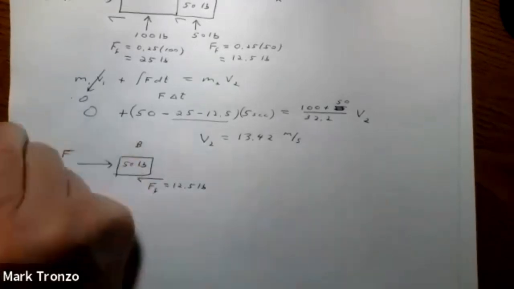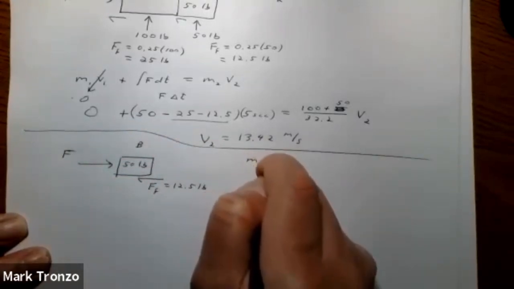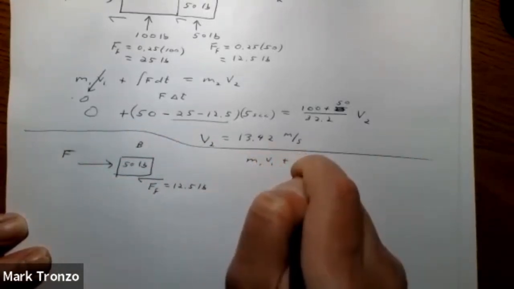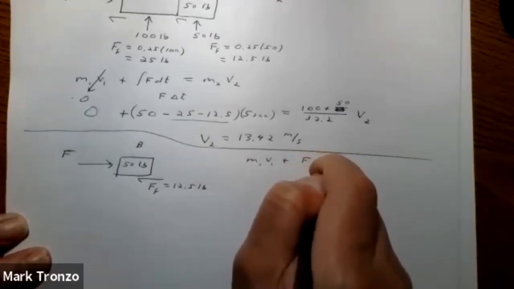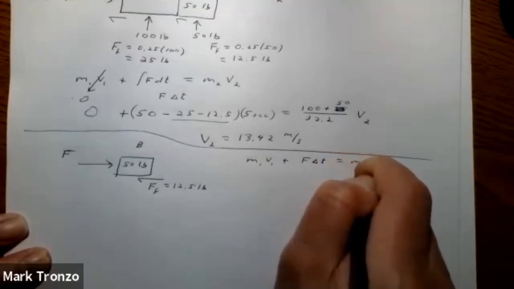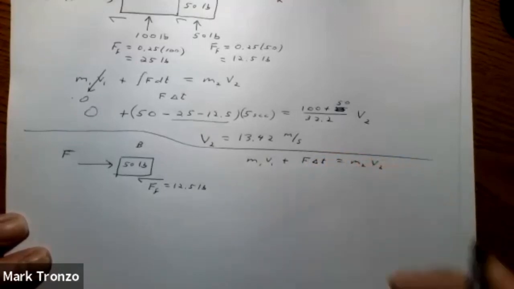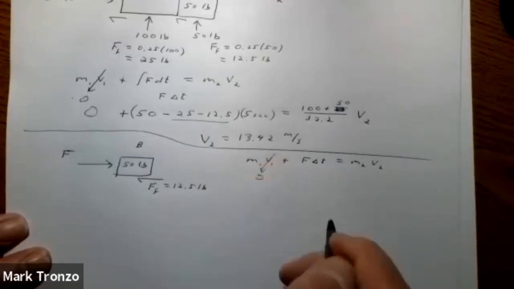So once again, for this part, use M1 V1 plus the integral, but since the force is constant, we can use F delta T equals M2 V2. Again, we're starting at 0.